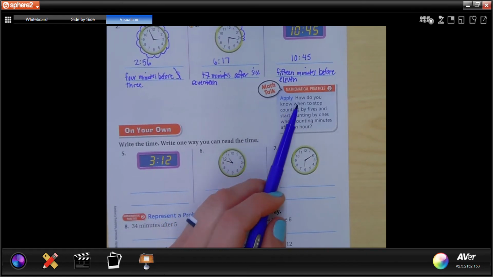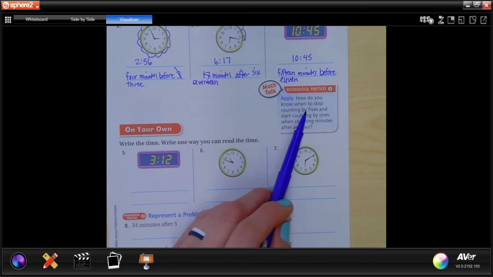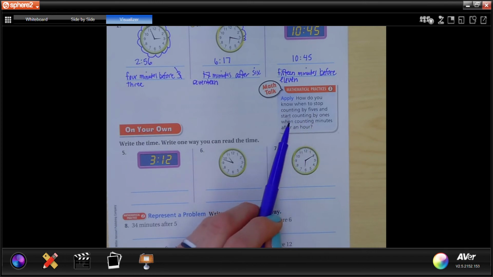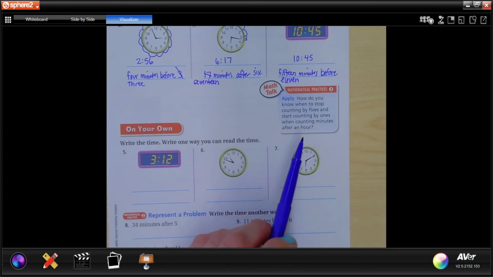Math talk. Apply. How do you know when to stop counting by fives and start counting by ones when counting minutes after an hour?